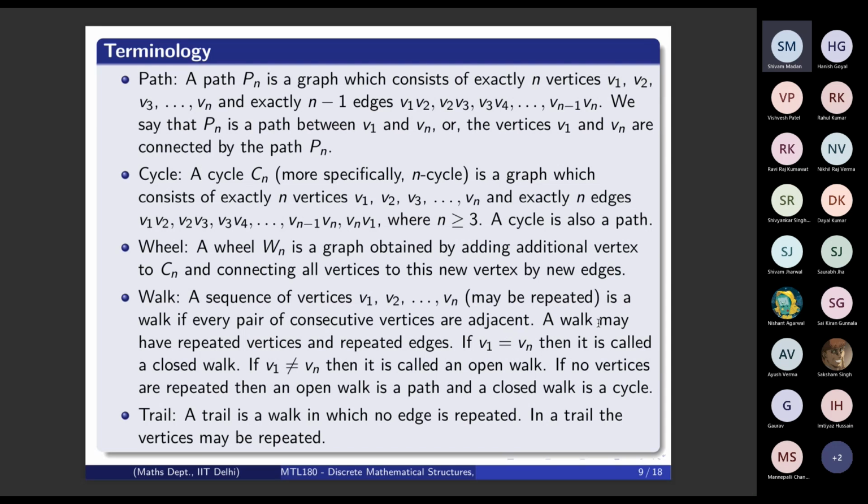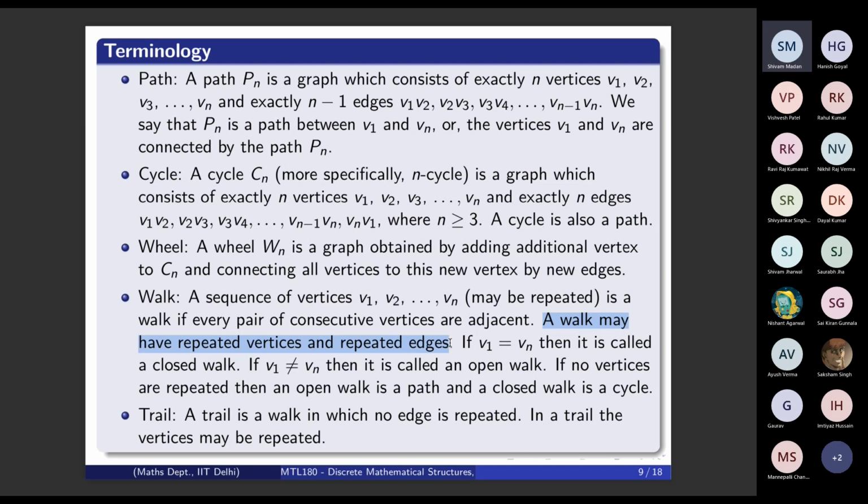So a walk may have repeated vertices and repeated edges. If the end vertices v1 and vn are the same, then we say it is a closed walk, and if they are different, we say it is an open walk. Therefore a path is also a walk, an open walk, and a cycle is a closed walk. But the converse is not true: a walk may not be a path and a closed walk may not be a cycle.